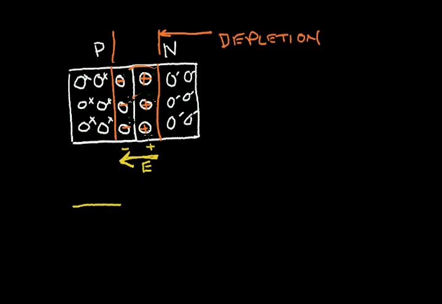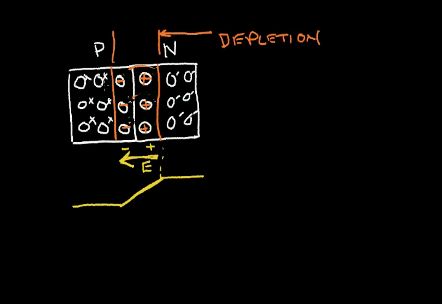And when we encounter this E field, the voltage ramps up. And when we get to this side of the depletion region, the voltage on the inside remains constant. So this built-in voltage relates to this electric field.